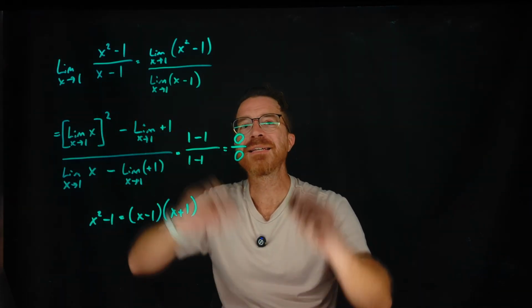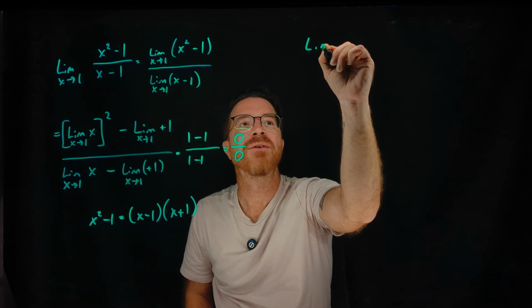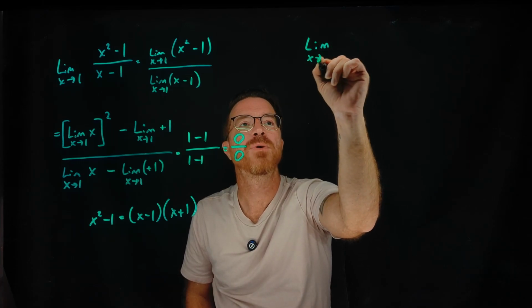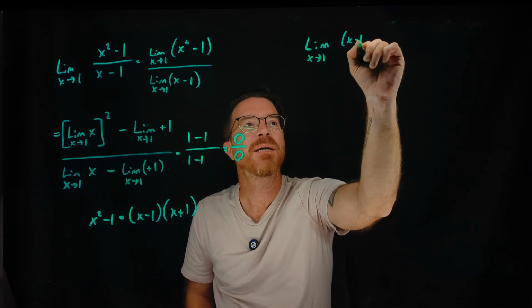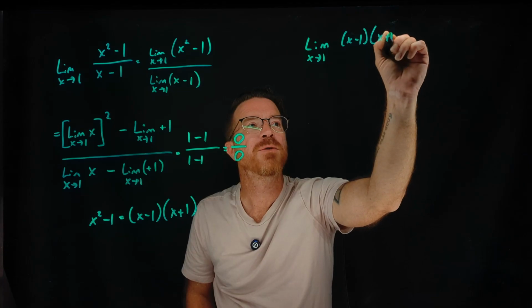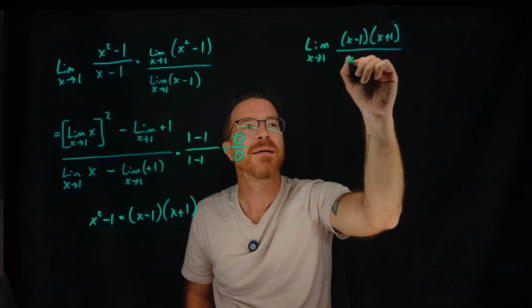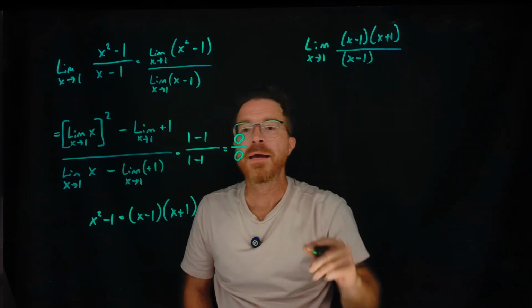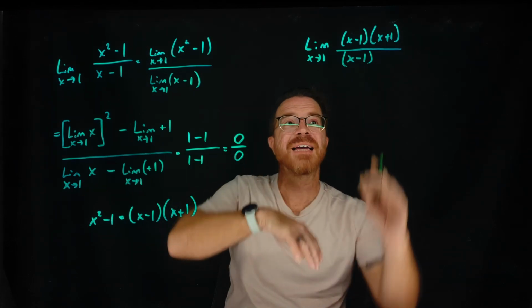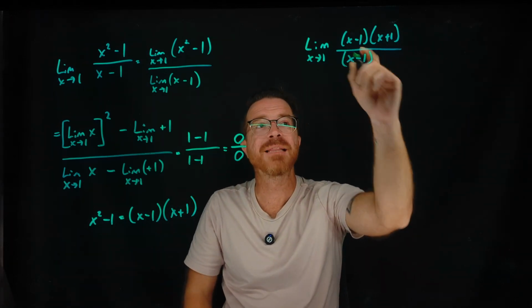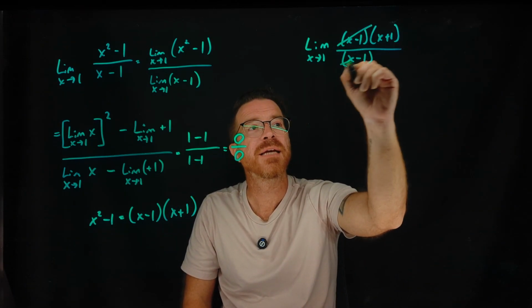So now rewriting this using that, we could have the limit as x approaches 1, x minus 1, x plus 1, divided by x minus 1. Now, if we look at this, you might notice that we have x minus 1 on the top and the bottom, meaning that we can actually cancel these out.